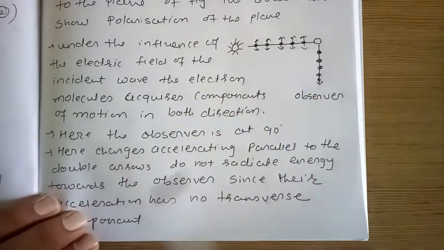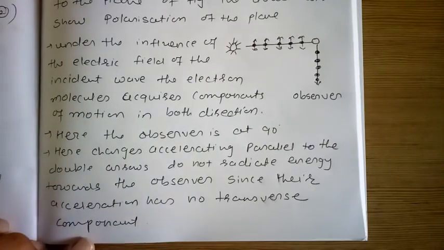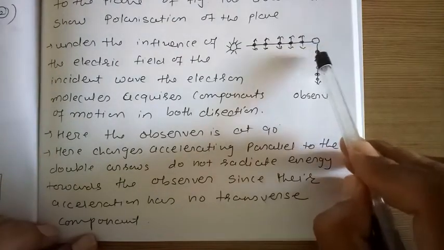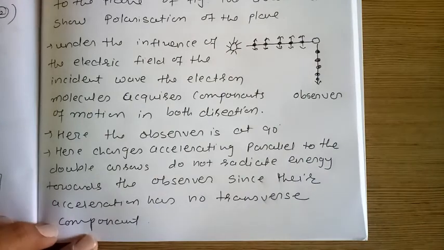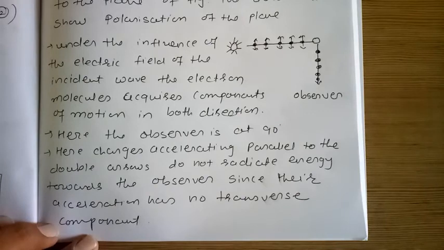Here we place an observer at 90 degrees. The charges accelerating parallel to the double arrows do not radiate energy, so the acceleration has no transverse component. Due to this, the radiation scattered by the molecules is represented by the dots. So this is the polarized light, and this is the polarization by scattering.